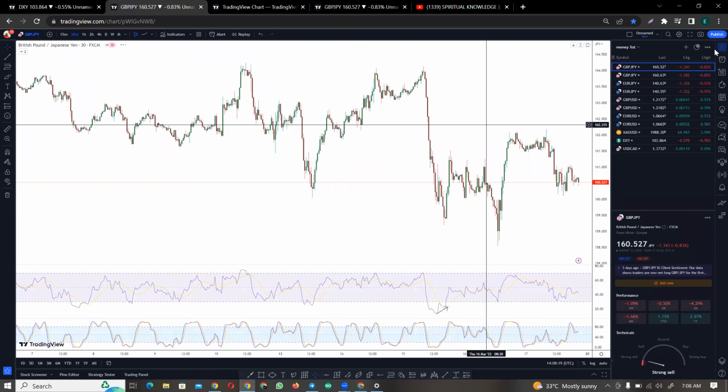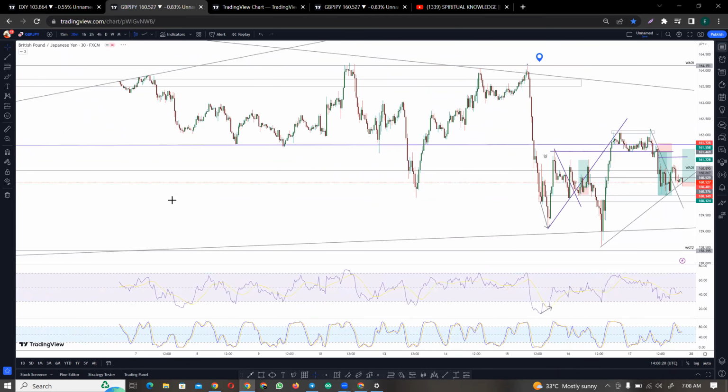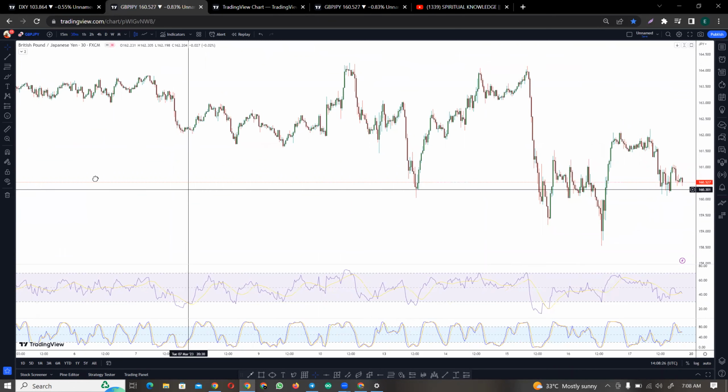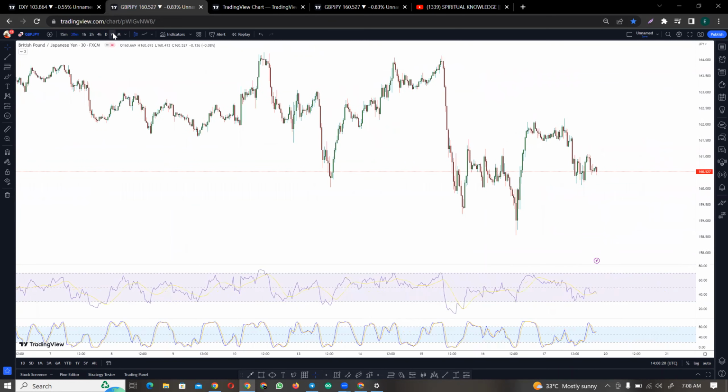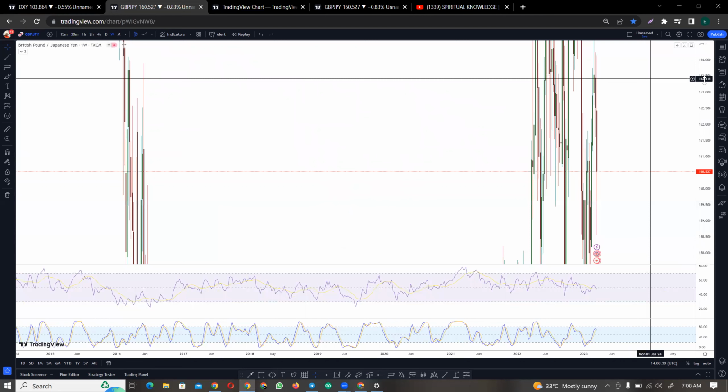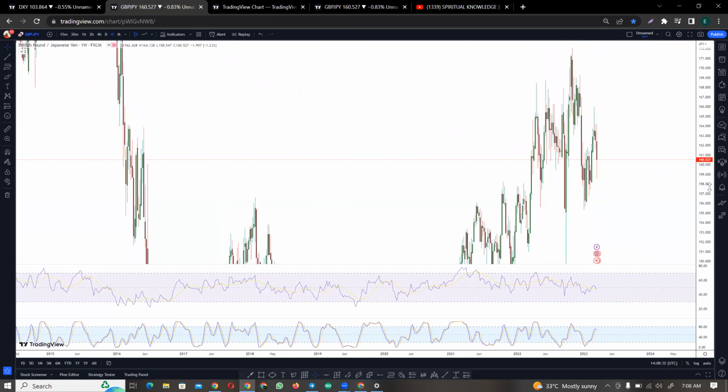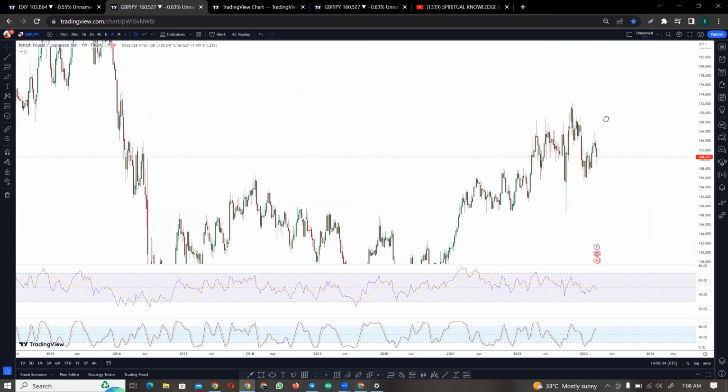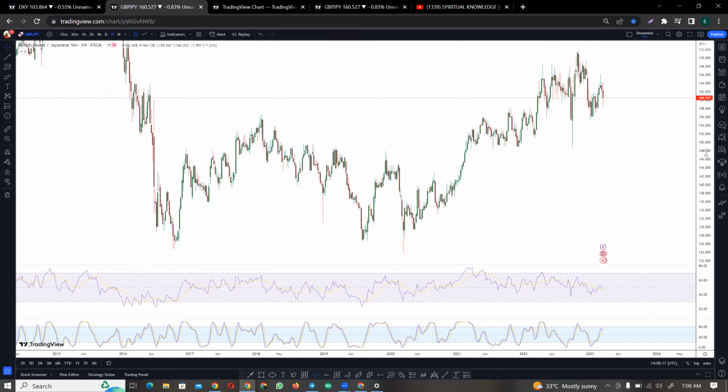So let's open another chart. Let's take GBPJPY. Let me just delete everything. We start afresh. So we always go to the weekly time frame. Looking at weekly, the market is generally bullish.